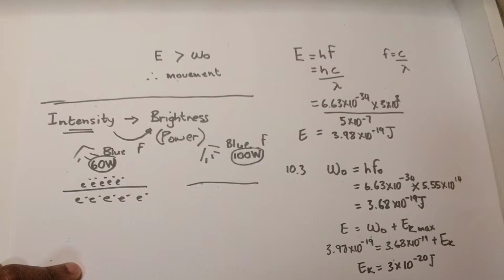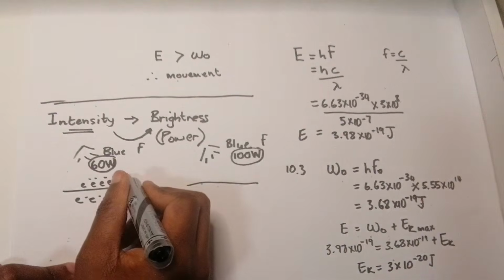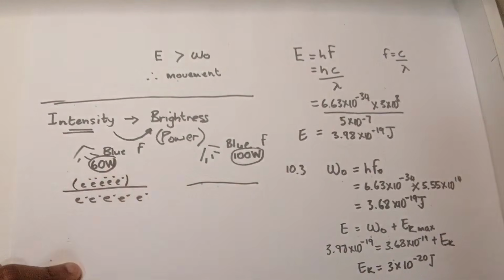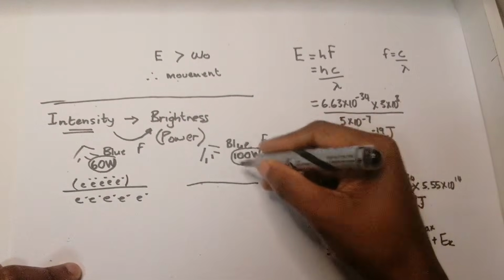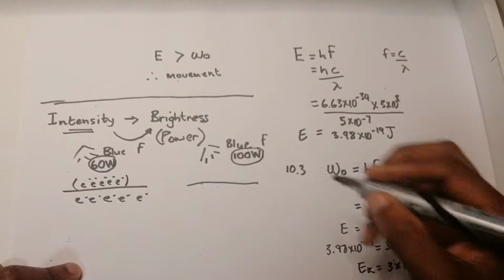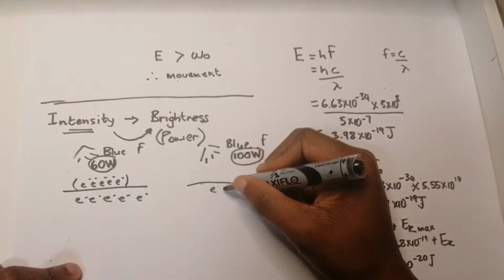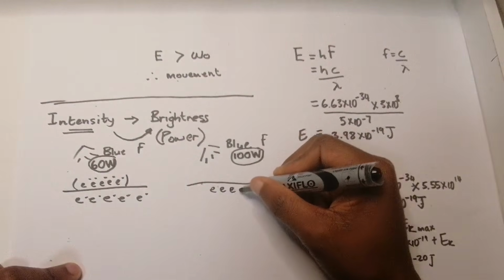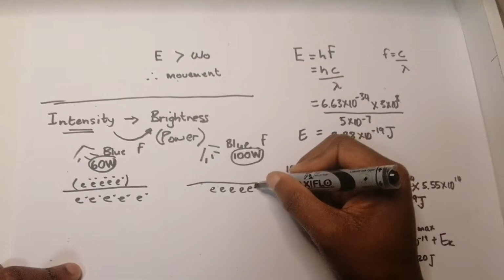So nothing changes about the kinetic energy. Now, suppose that I was emitting 5 electrons per second. What will happen when I increase the intensity, when I increase the power? I will be able to emit more electrons per second.